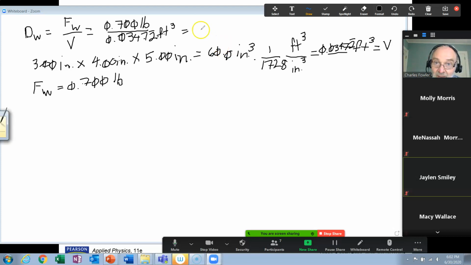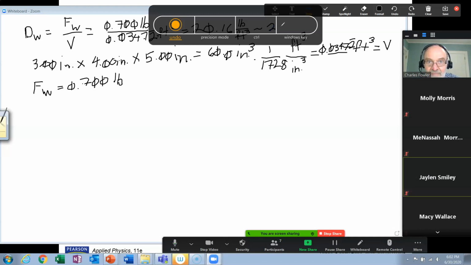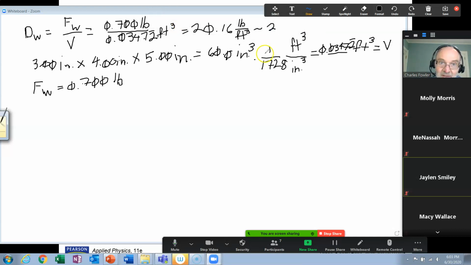Because that's my final answer, I need to round that. 20.16 pounds per cubic foot would round to 3 digits. Look to the right, that's a 6, that's more than 5, so that should be 20.2 pounds per cubic foot.